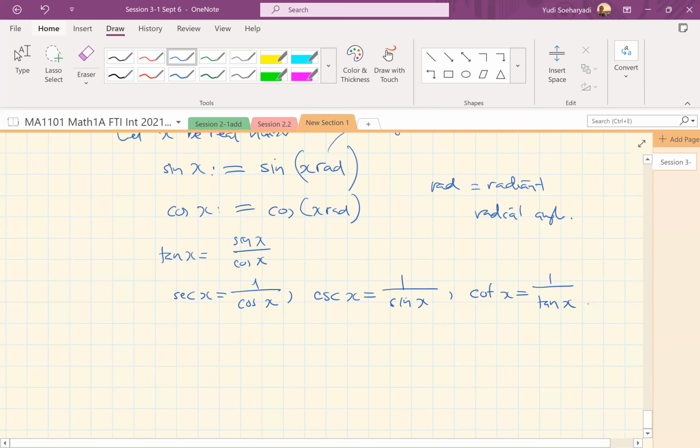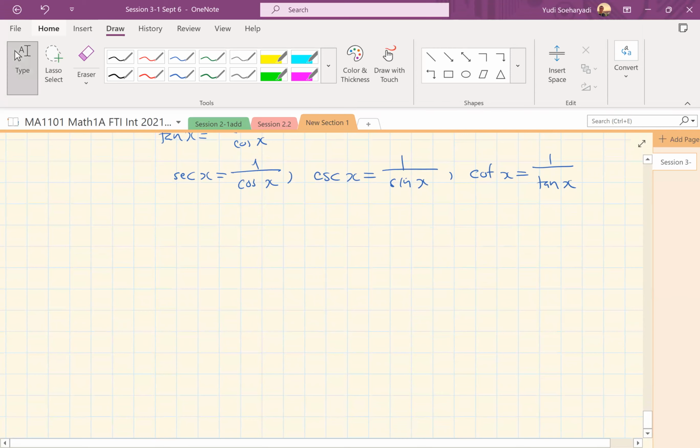These are the reciprocals of the trig functions. Conceptually, our trig is this calculus trig: x is a real number and you get real numbers also.